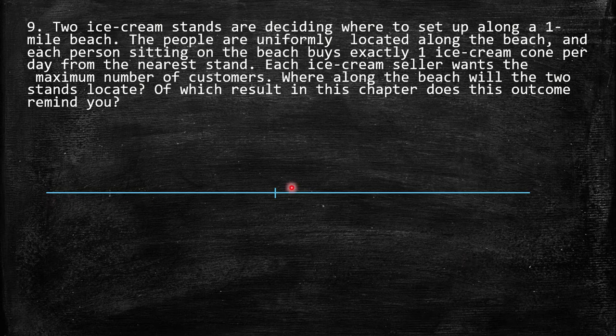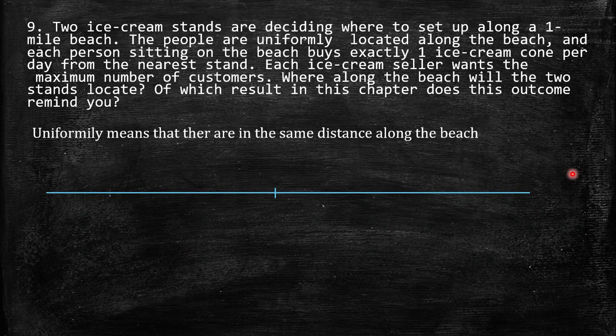So imagine that this is the beach, and this is naturally the sea. Then we have here uniformly, as we said before, people at the same distance along the beach, from mile 0 to mile 1. You're going to sell exactly the same because people are distributed in the same way, right?